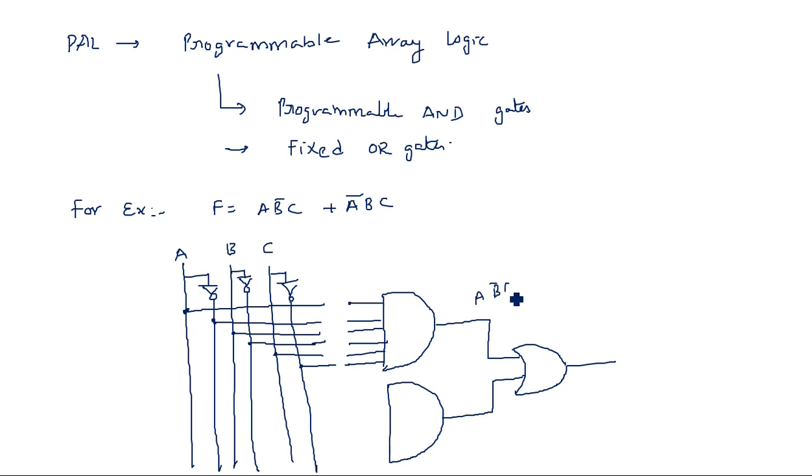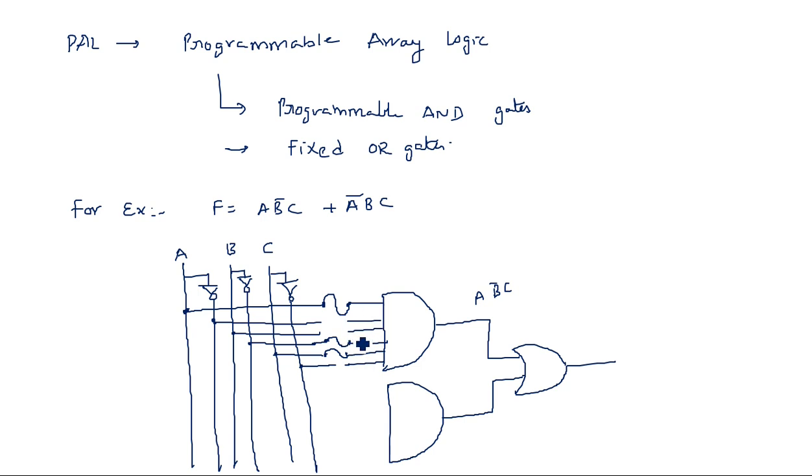A B bar C. That means A is connected through a fuse. This is the fuse symbol. B bar, and C. This is the way to connect a programmable AND gate in PAL.